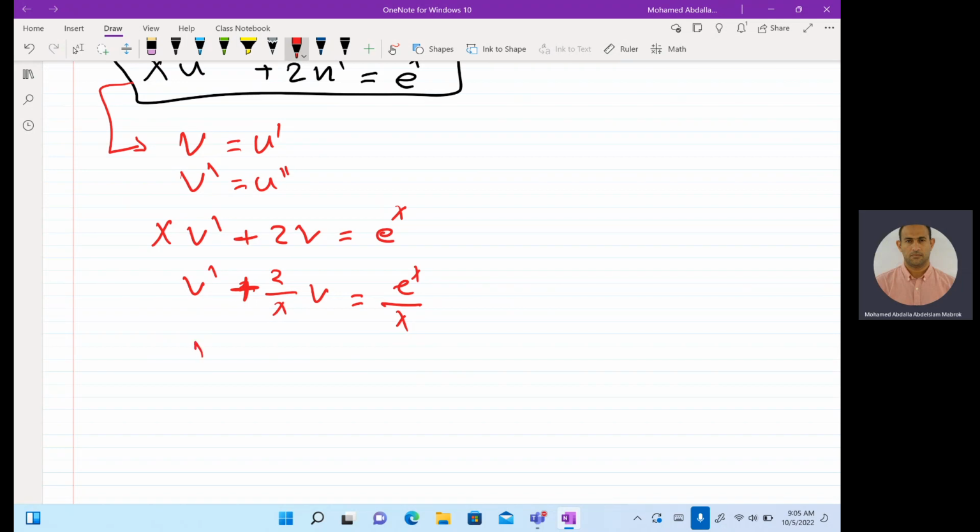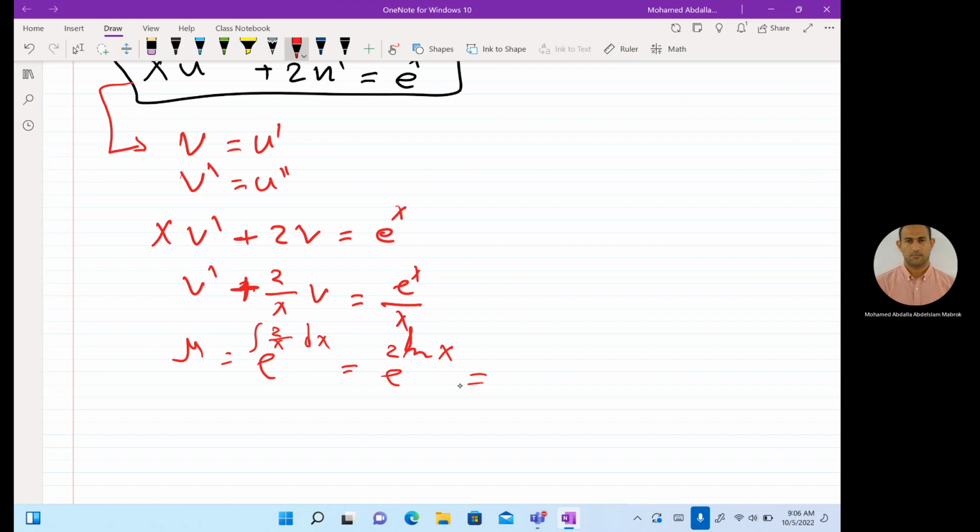So mu equal e to the power integration 2 over x dx, which is e to the power 2 ln x, which is ln x squared, which is x squared in the end. Right? This part is important.